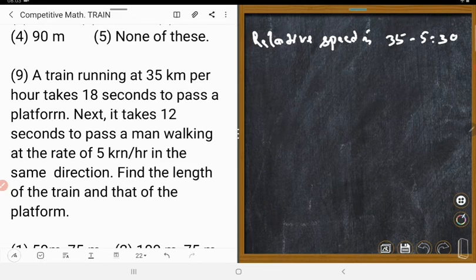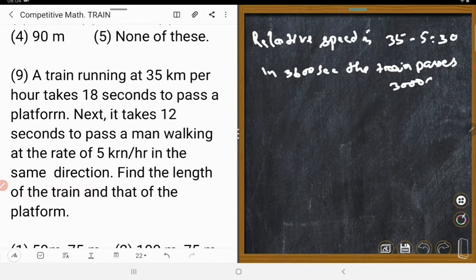Could you understand? 30. So it passes a man, and passing a man means it passes its own length. That means it passes a man in 12 seconds. Let's calculate the length. In 3600 seconds, the train passes 30 kilometer, which means 30,000 meter.